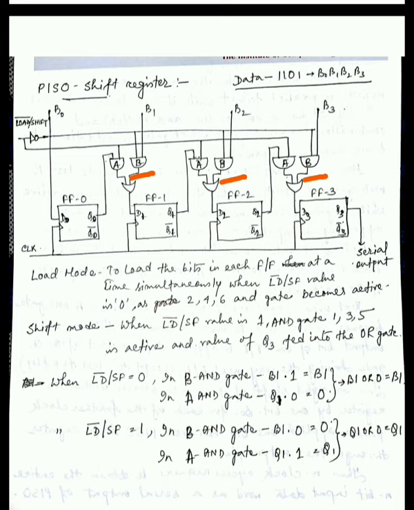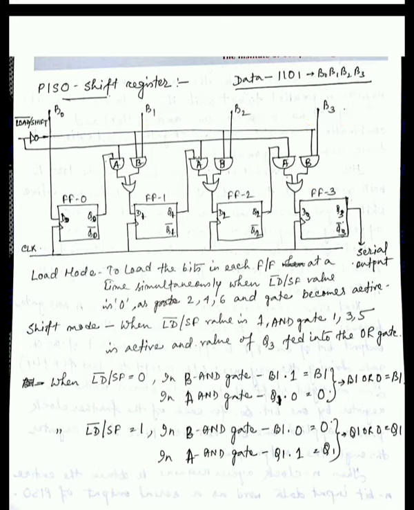every input line is added to the B AND gate. One line is the input line for the B gate. You see, for the first flip-flop we don't use any of this combinational circuit, so the first input line enters the flip-flop directly. In the other flip-flops, in the combinational circuit, this input line is added to the B gate.